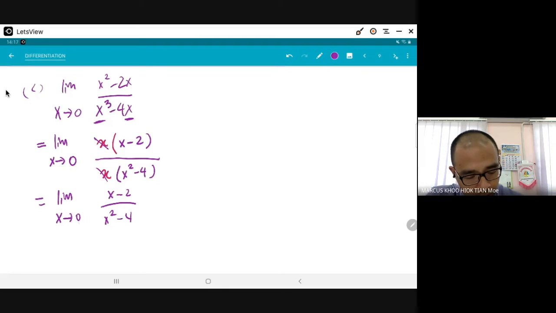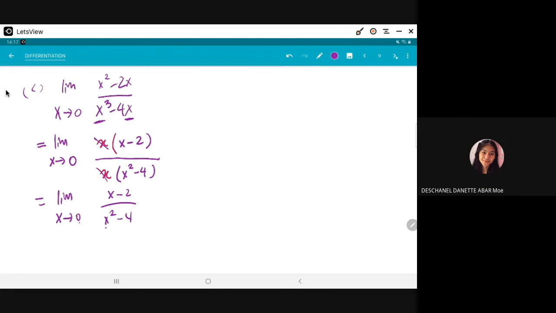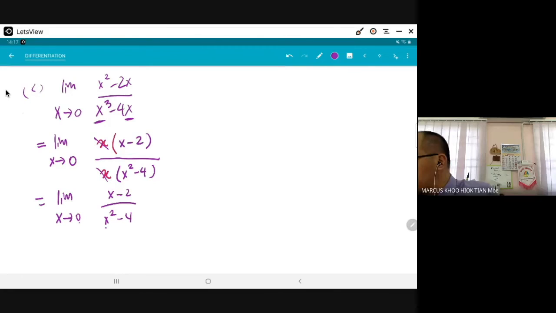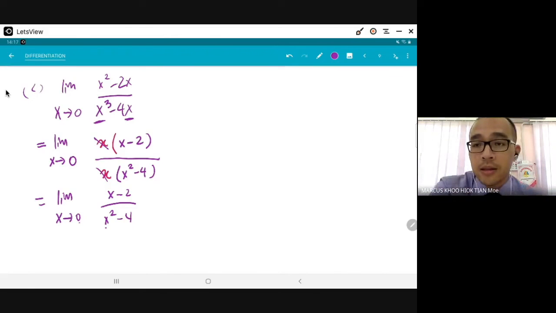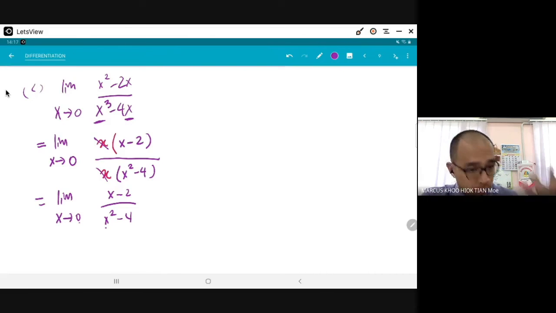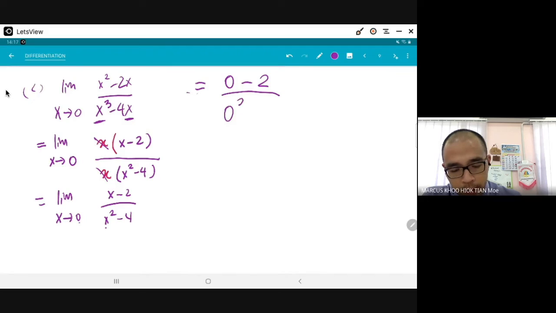If I substitute 0 here, oh, I can already, right? Can I? Yes, I can, x is 0. Actually I can, because I won't get a divide by 0. So go ahead: 0 minus 2 over 0 squared minus 4. So you get 1 over 2.